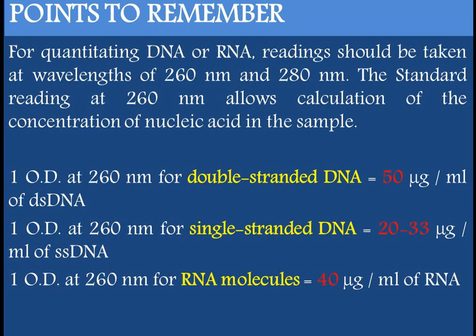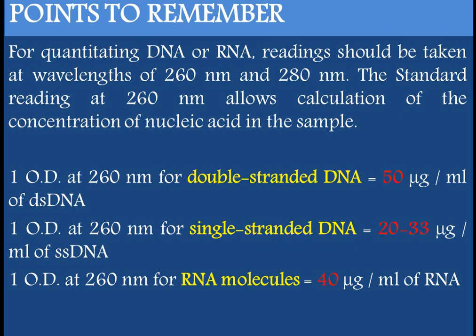The standard reading at 260 nanometer allows calculation of the concentration of nucleic acid in the sample. Please note an important point: when the sample containing double-stranded DNA gives 1 OD at 260 nanometer, then it contains 50 microgram DNA per ml, that is double-stranded DNA per ml.